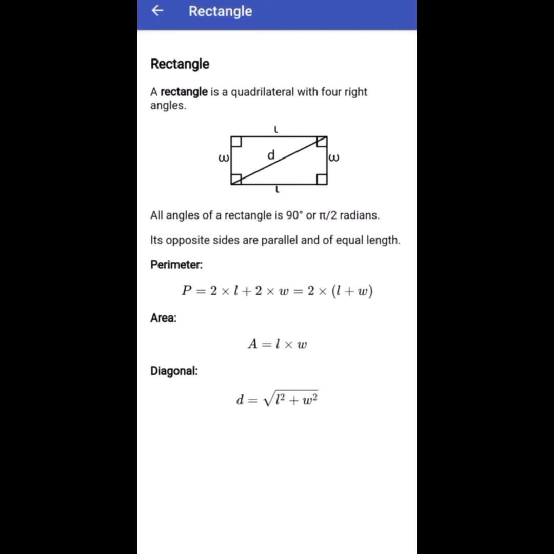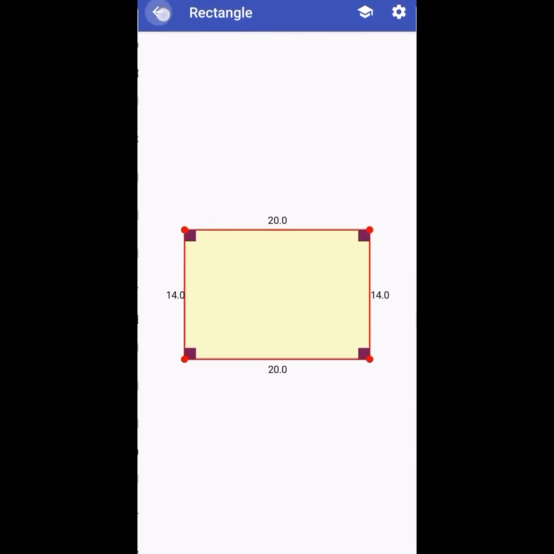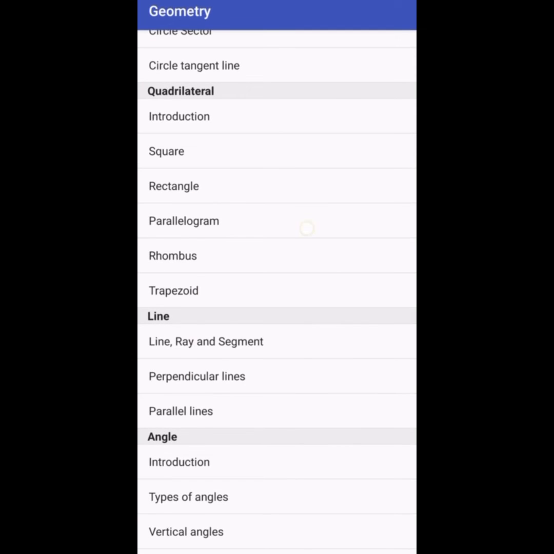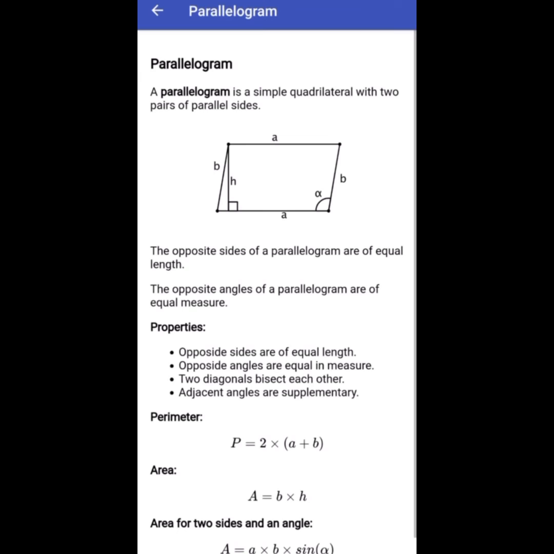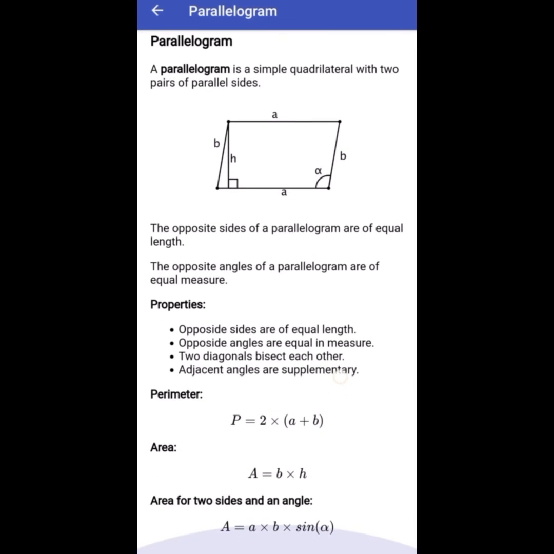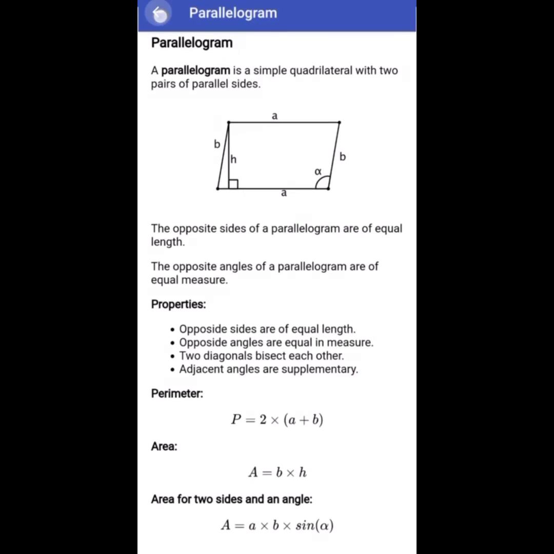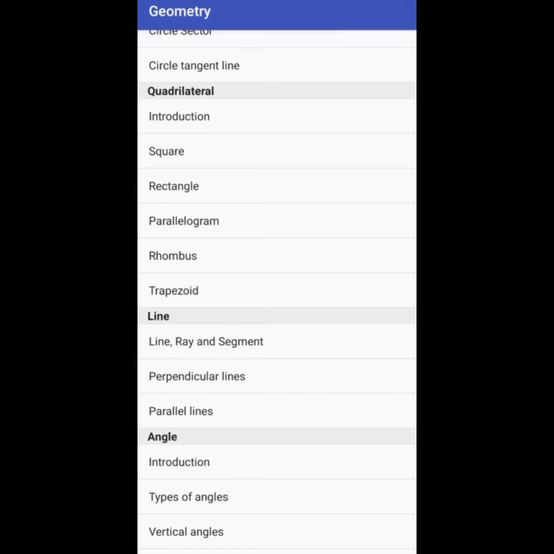All angles of a rectangle are 90 degrees or pi over 2. A parallelogram is a simple quadrilateral with 2 pairs of parallel sides. It has its properties, perimeter, and area.